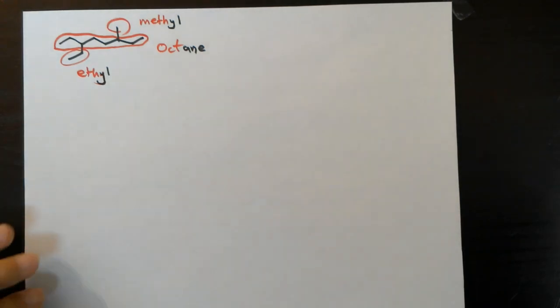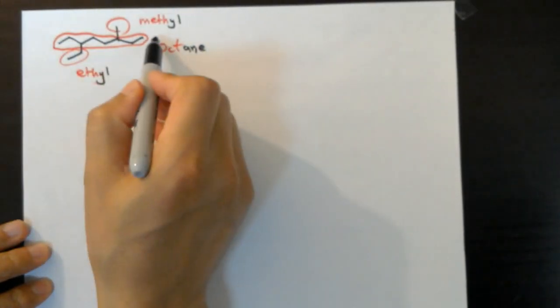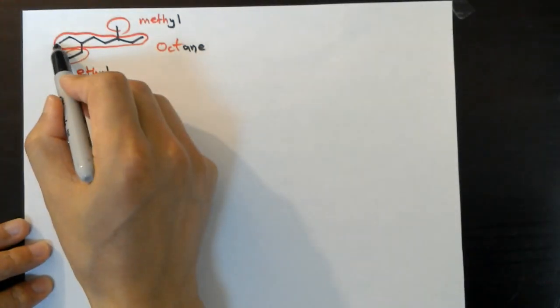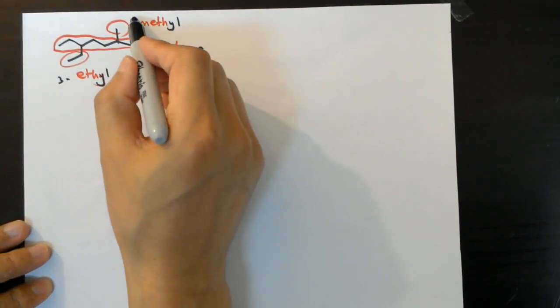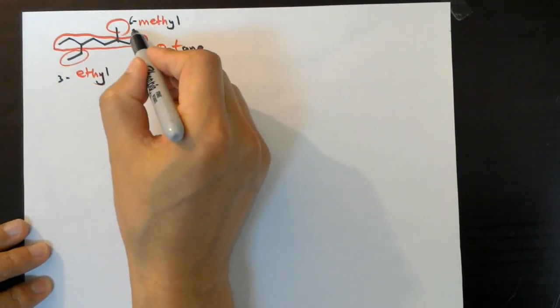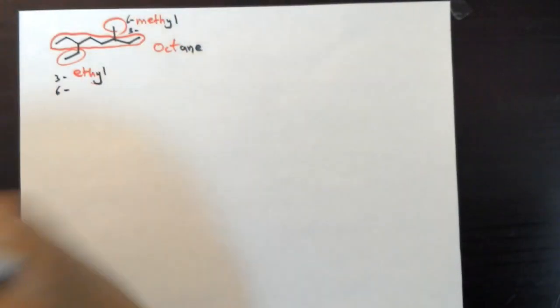So here you have a dilemma. Whichever end you start, you get same number for the 2 side chains. You have 1, 2, 3 for the ethyl, 4, 5, 6 for the methyl, or 1, 2, 3 for the methyl and 6 for the ethyl. Which one do you take?